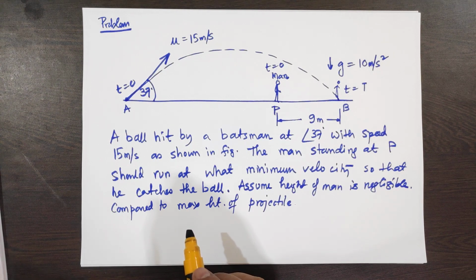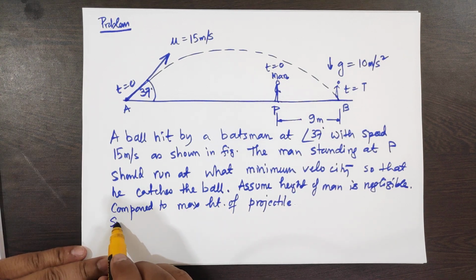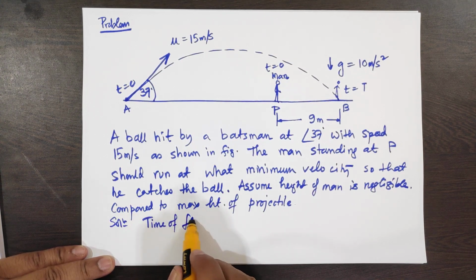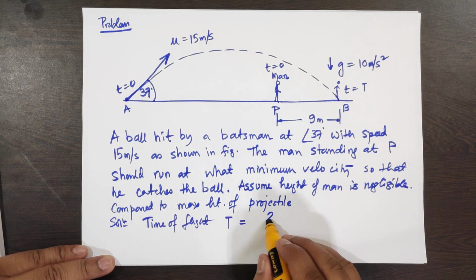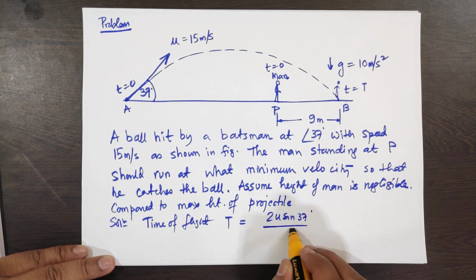What is the time of flight? Time of flight t equals 2u sine 37 by g.